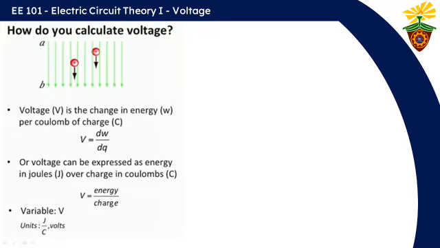So we can express it as the first derivative dW/dq, or it can be expressed simply as energy in joules over charge in coulombs. So voltage is simply energy over charge. We'll use the variable V, and the units are joules per coulomb, or volts.